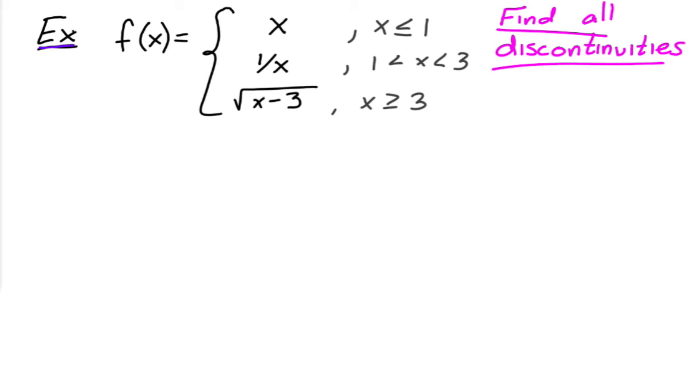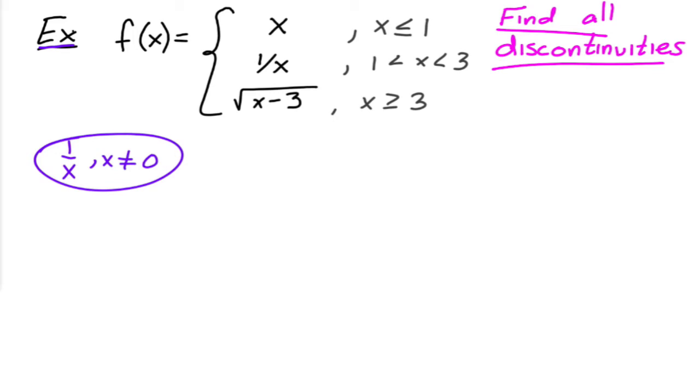So what you want to do is look first at each function individually and see if they have any discontinuity. So for example, you know that for 1 over x, x can't equal 0 here because that would make this undefined. And if you remember the graph of 1 over x, this would be an infinite discontinuity.